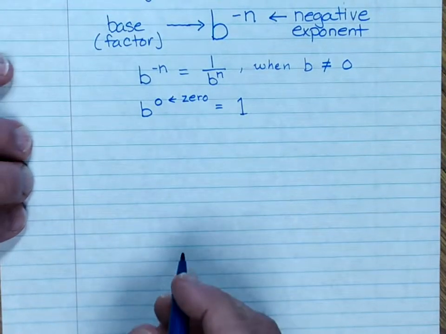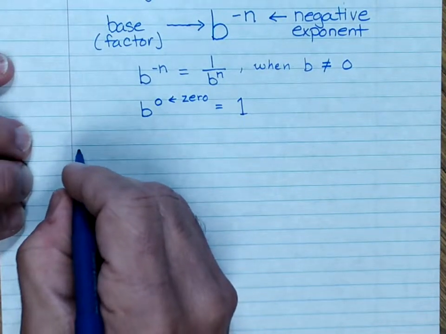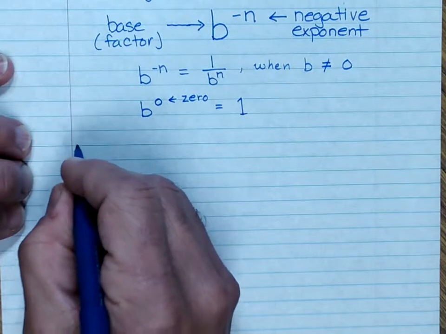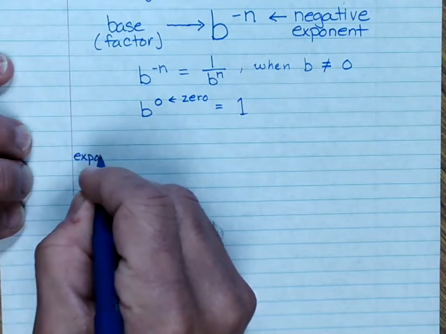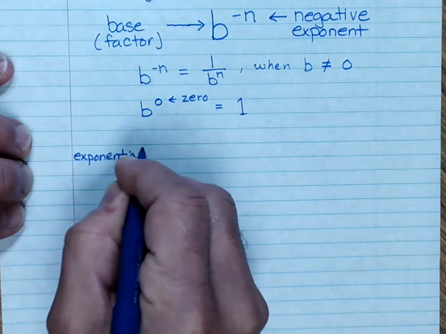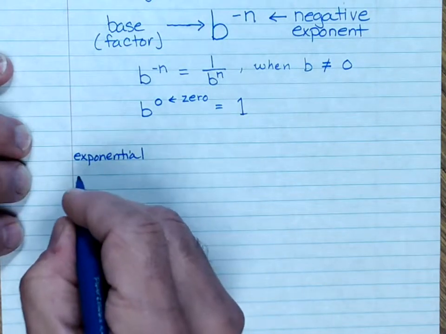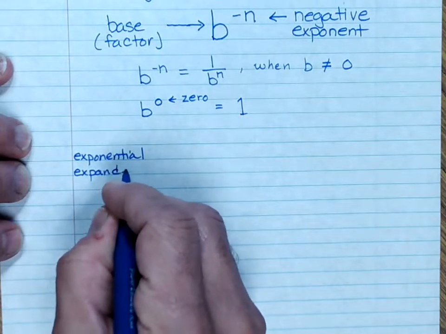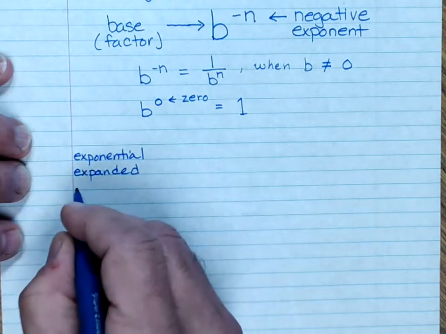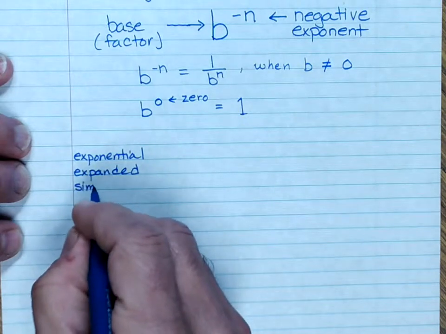So what we're going to do is we're going to write the word exponent or exponential here. Just below that, we're going to write expanded. And then below that, simplified.